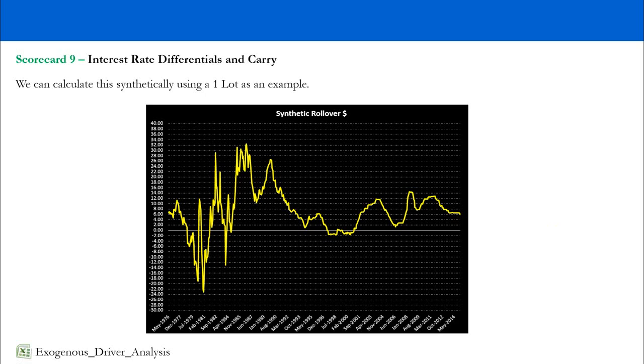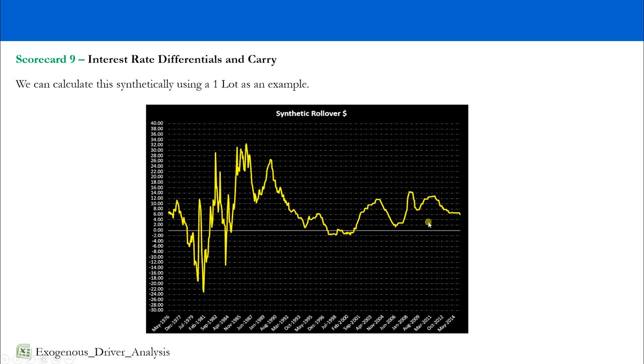So in summary, what we want to be making sure of is having a look at the carry on a currency pair historically and getting a historical perspective and understanding the positives and the negatives and the magnitude of these positives and negatives.